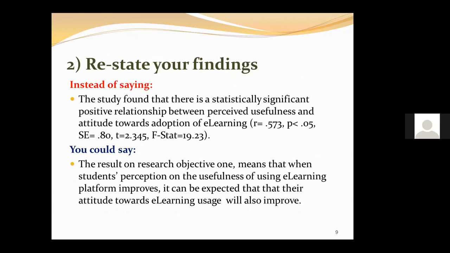You start your discussion by restating your finding. Which one is the best? The best is the one where you tone down the language to a layman's language. Move away from the statistics because you've left the statistics in the previous chapter. Okay? That's what I'm trying to say here.